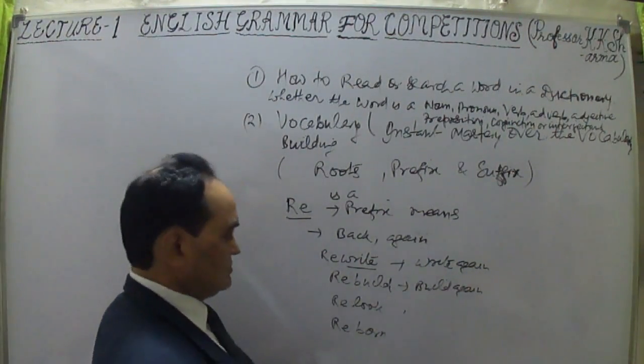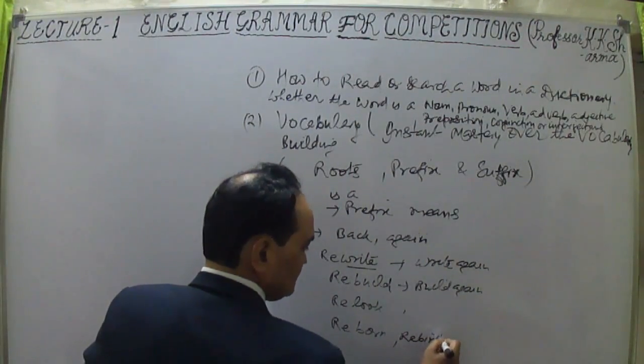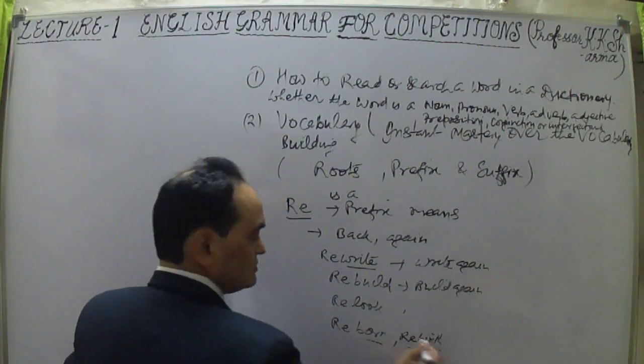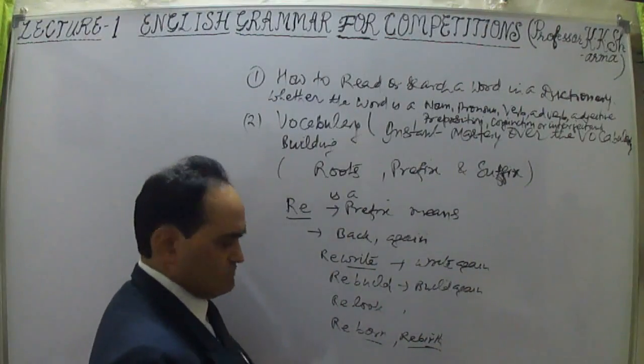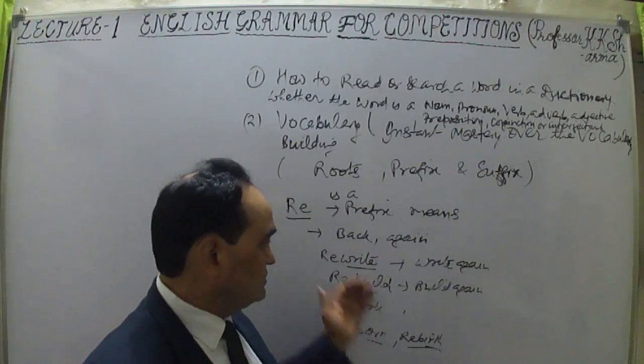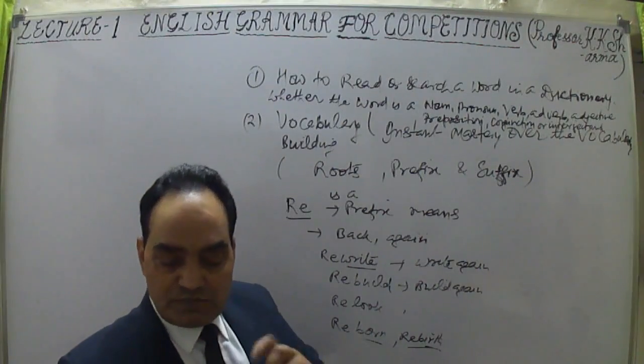The person is reborn; rebirth is also a word. Born and birth are taken from root words and we are adding re before those words. This is how words are framed with the help of re. So re is a prefix.